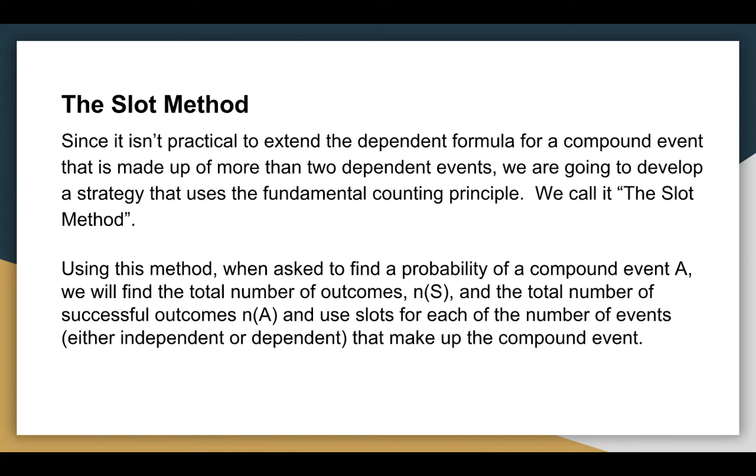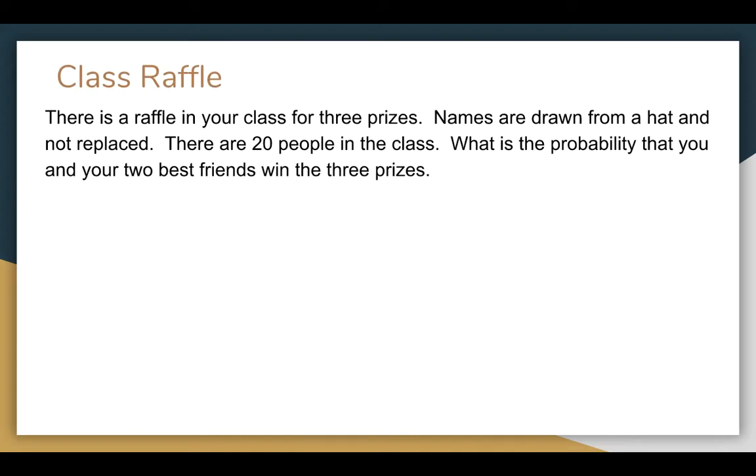Using this method, when asked to find a probability of a compound event, we will find the number of outcomes n of S, and we will also find n of A, and we're going to use slots, and it doesn't really matter if it's independent or dependent. We're just going to keep asking ourselves how many ways to make up this slot, to make up a compound event.